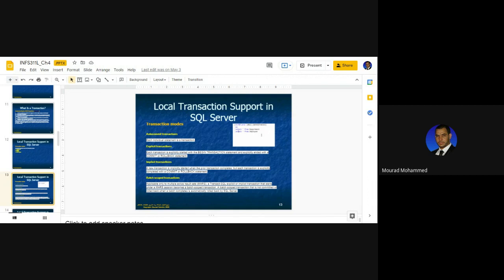For the batch scope, the last and fourth transaction mode, the batch scope transaction is a scenario via which we define a new technology. We can see that the batch scope transactions are not committed or rolled back automatically when a batch completes.